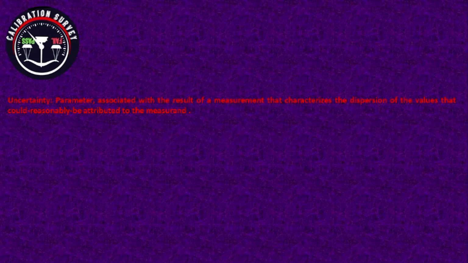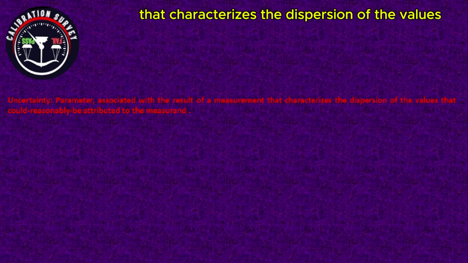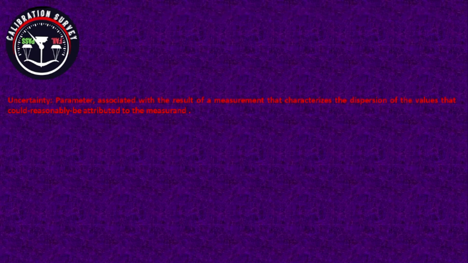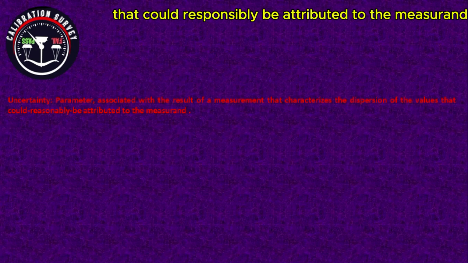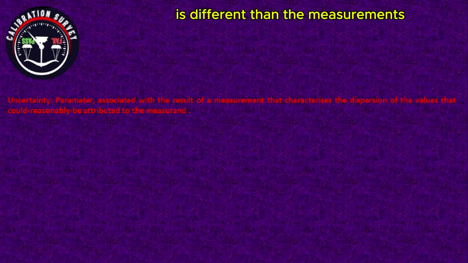Uncertainty is a parameter associated with the result of measurement that characterizes the dispersion of the values that could reasonably be attributed to the measurand. And what I call the measurand is different from the measurements.